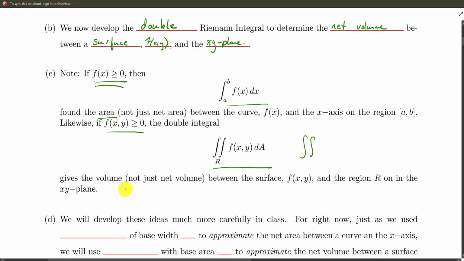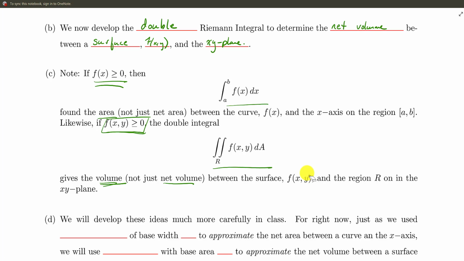And this will give not just the net volume, but the total volume. Again, if the function is always outputting positive z values, we compute the total volume. So you can think of the double Riemann integral as a tool for computing total volume between a surface and the xy plane.